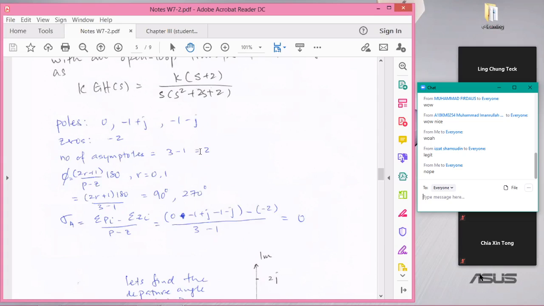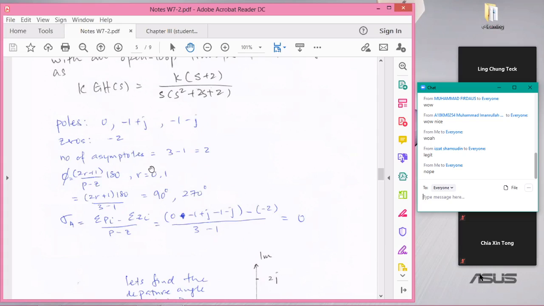Since we have 2 asymptote lines, it does not make sense to compute the intersection of asymptotes that way. So just substitute the values of the poles. Summation of pi, the values of the poles, minus summation of zi, the values of the zeros. Since we only have 1 zero, you have that minus -2 there.